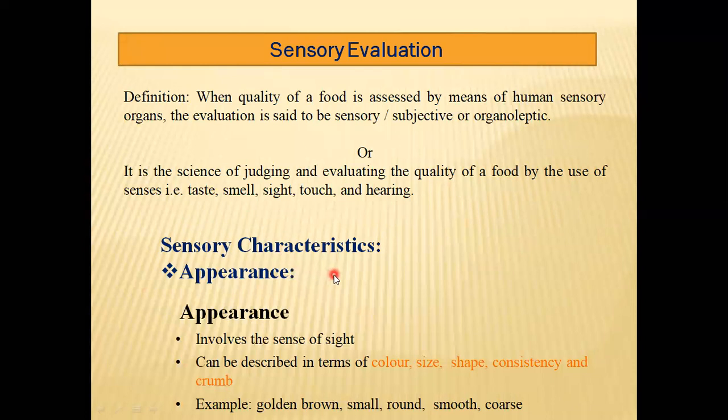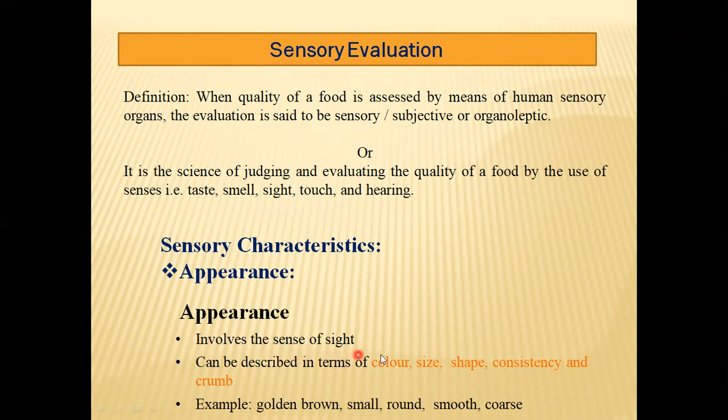Now among these sensory characteristics we will see appearance first. Appearance is the basis on which we tell how a product looks, and that is judged by the sense of sight.